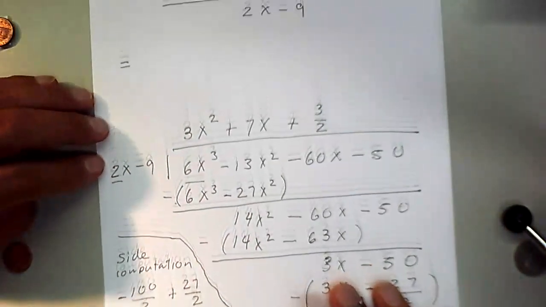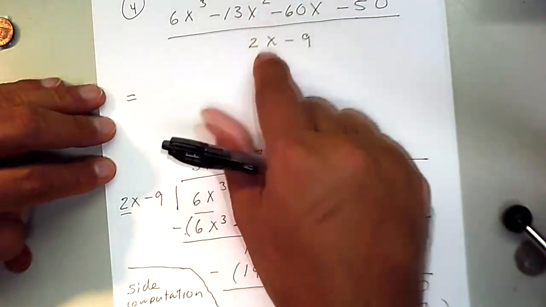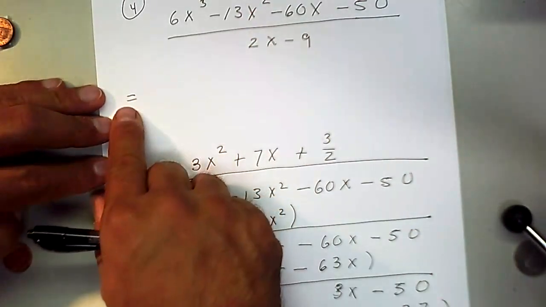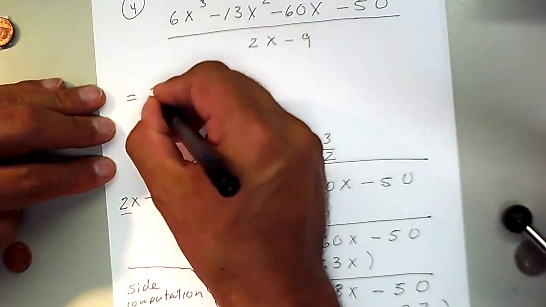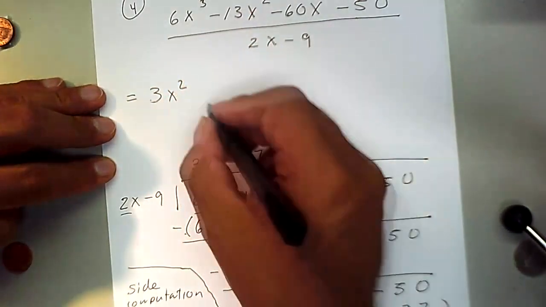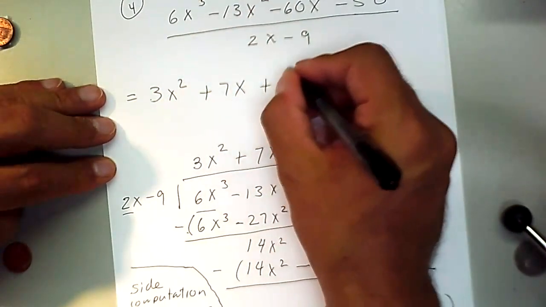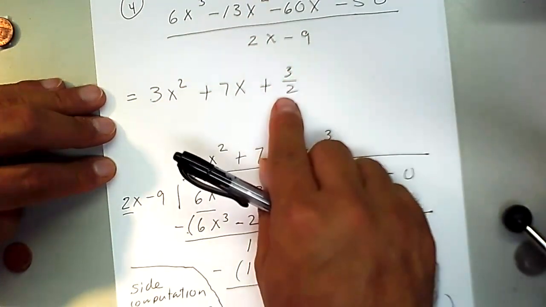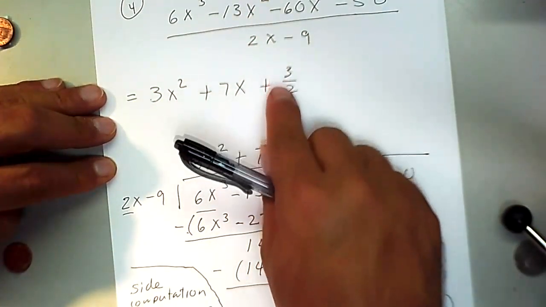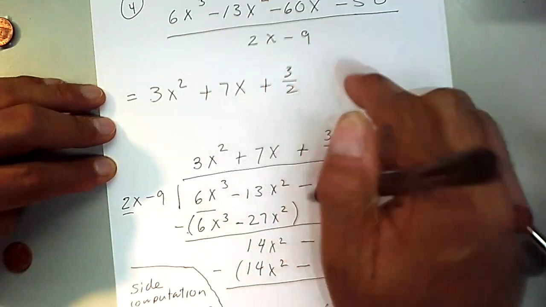Okay, so now we're ready to give the answer. The quotient of those two is equal, indeed, to 3x squared plus 7x plus 3 over 2. So that is a fraction, but that is still a coefficient of this new polynomial.